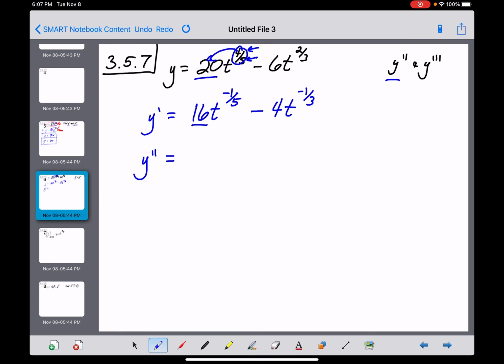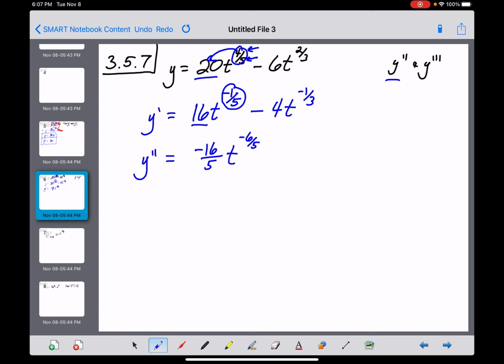The 16 out in front gets multiplied by this negative 1/5. Nothing cancels there, so we're going to get negative 16 over 5. It's ugly, but I didn't really have to think very hard about it, so that was nice. t, and now for your power, negative 1/5 minus 1, or minus 5/5, is going to get us a negative 6/5 for that new exponent.